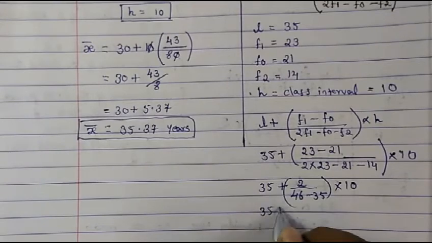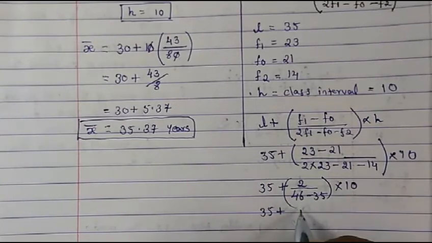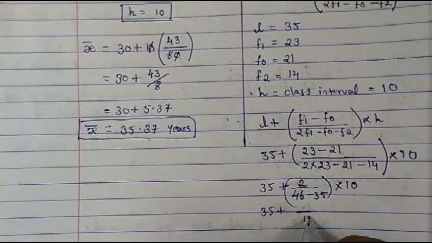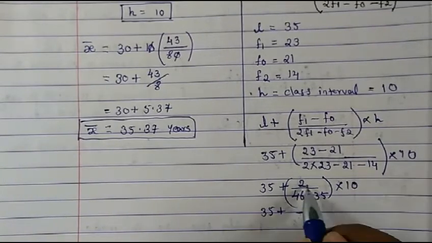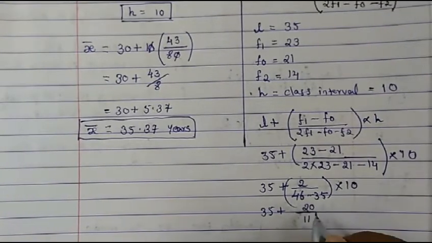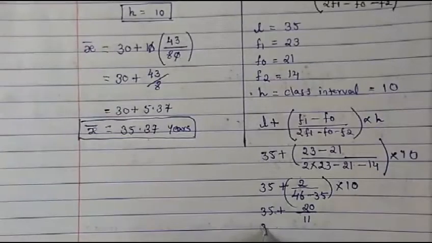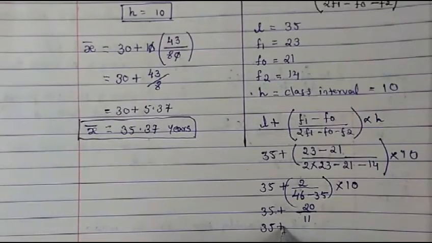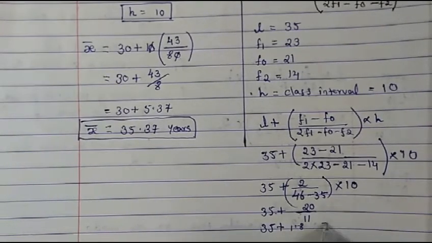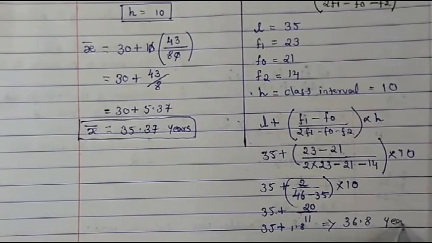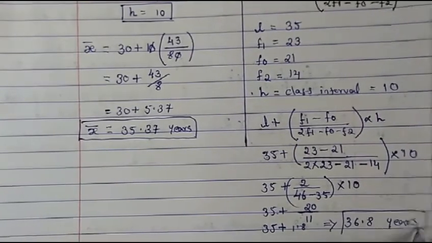Then 46 minus 35 will give us 11. 2 into 10 will be 20. Okay, so 20 when you divide with 11 you'll get 35 plus 1.8. So that will give us 36.8 years. Okay, so this is our mode.